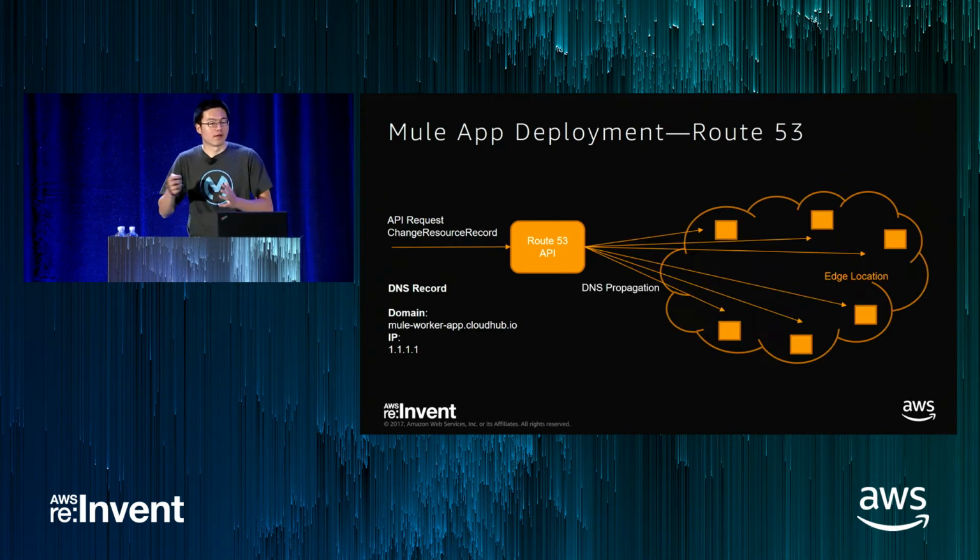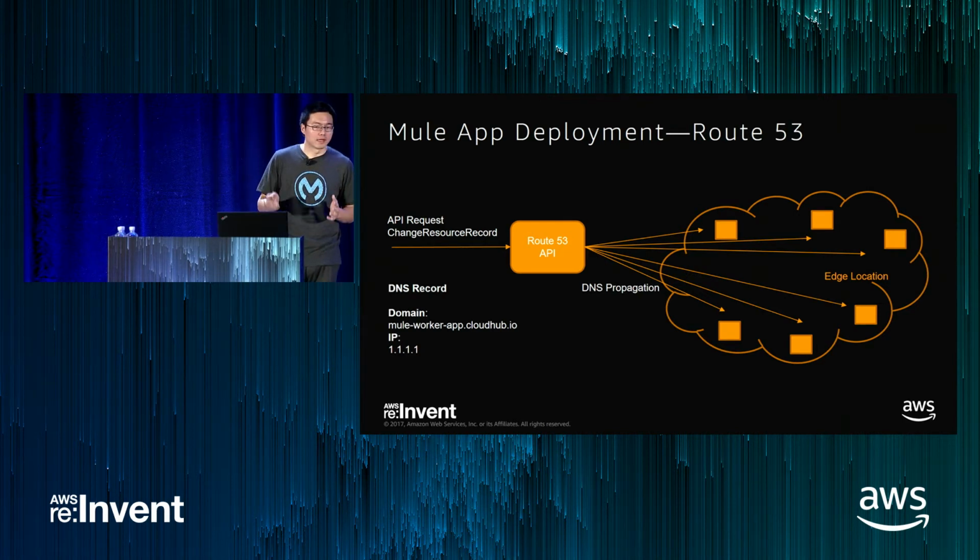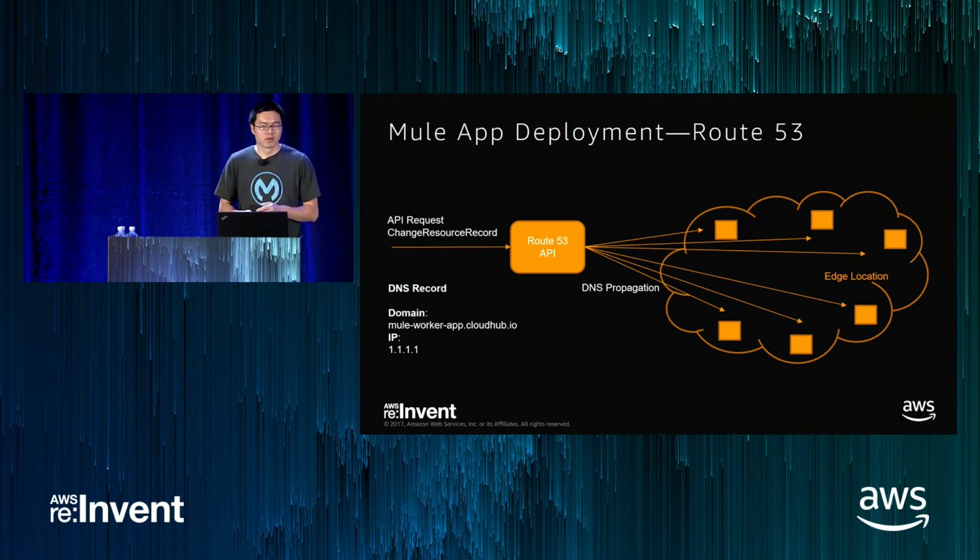Then, as Gavin has mentioned, the Route 53 API propagates the DNS record to all its edge locations, which makes it available to the rest of the world. As you can see, Route 53 is very important to our platform. Without the Route 53 API services, it would be a challenge for us to apply all the DNS configurations for all our applications promptly.